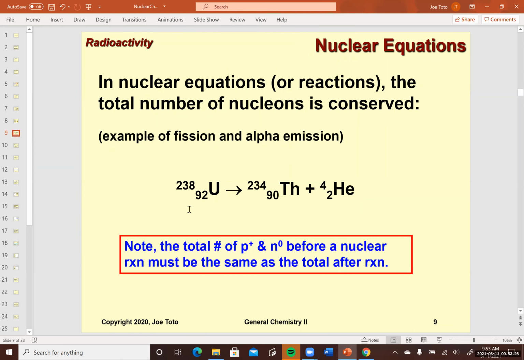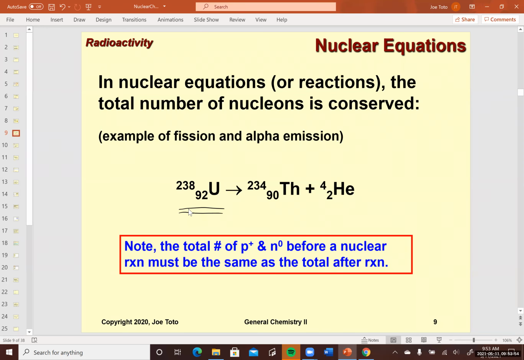So we're going to continue with this formalism and talk about nuclear reactions or nuclear equations. One of the things you should note in this depiction of a uranium-238 decay is that the particles are conserved.